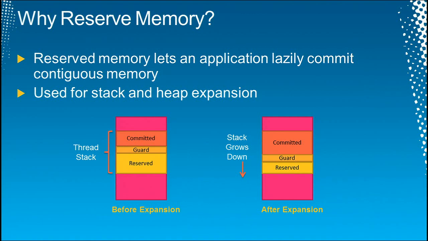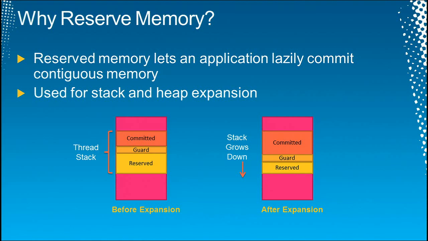The addresses need to line up sequentially. But I don't know how big, for sure, that data structure is going to get. What I can do is allocate the minimum size and then reserve a chunk of virtual memory that I think the data structure might grow to. And then as the data structure grows, I just commit chunks of it.